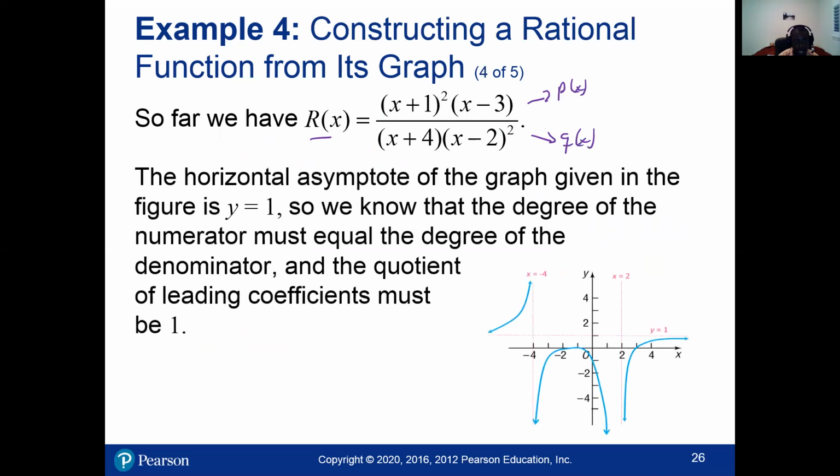We haven't finished yet, because we have y is equal to 1. What does it mean?